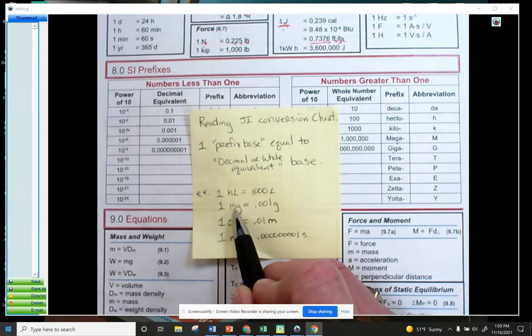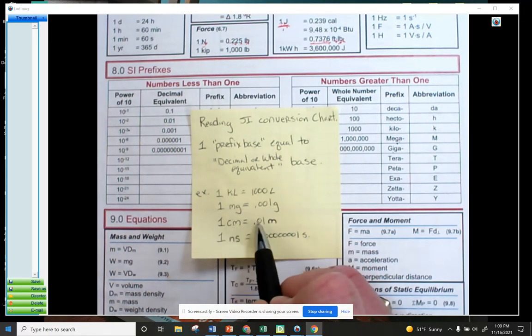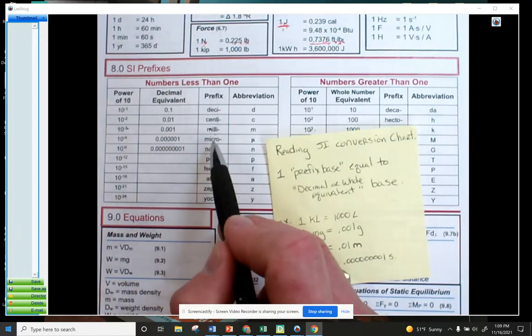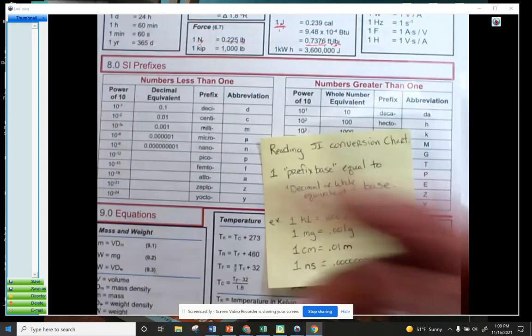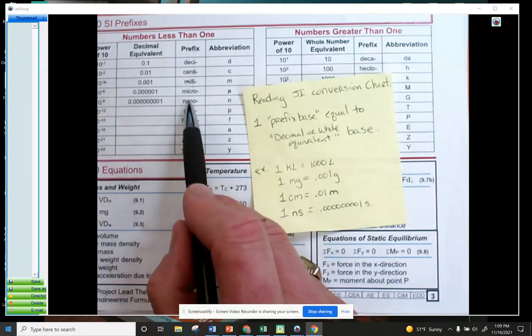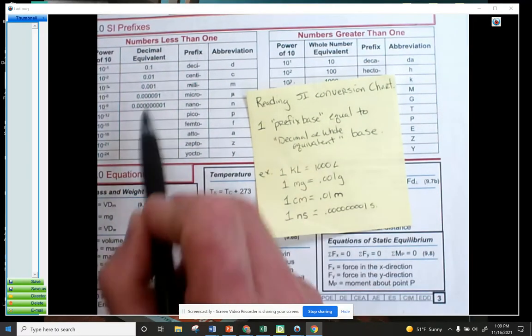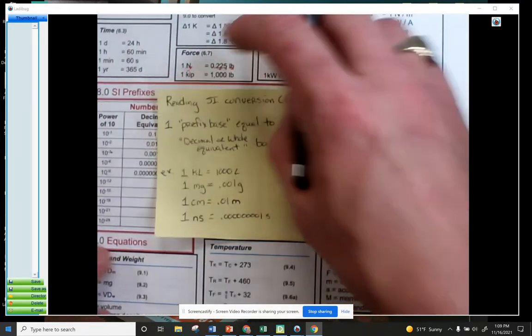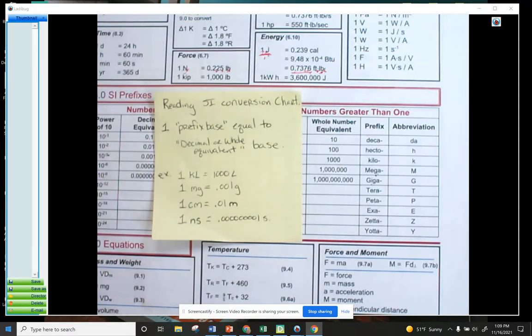In this case, the milli, it's a decimal equivalent. Centi, it's a decimal equivalent. You can see that right there, for centi and milli. And for nano, again, it's the decimal equivalent right there. Okay, so that is how you read one of these.